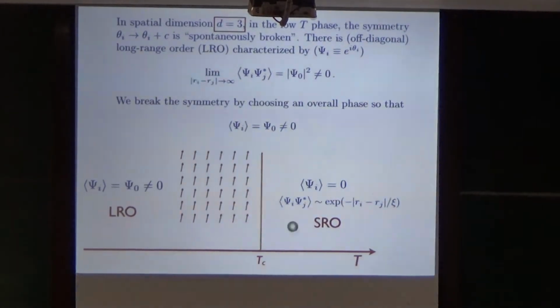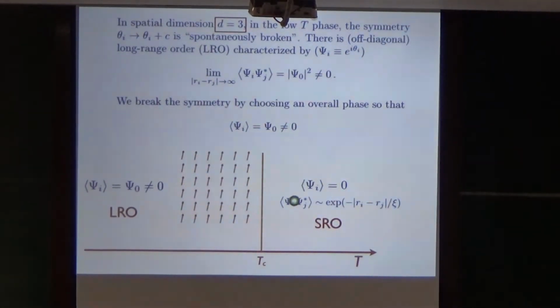And the high temperature behavior is very different. This decays exponentially to 0, and the condensate value is 0, and this we call short-range order. Just by comparing these two, we know there must be a phase transition. This is the classic example of a phase transition associated with a broken symmetry.